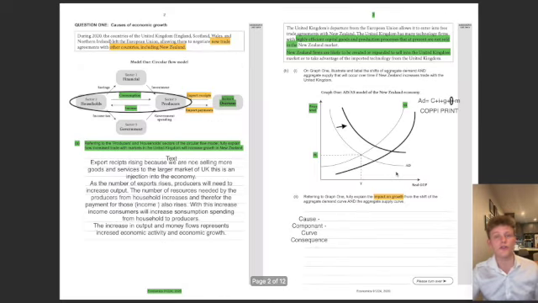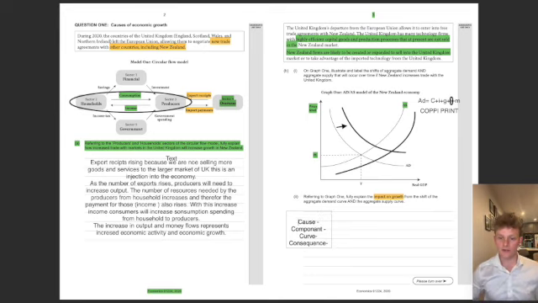Obviously it's pretty clear because it's a growth paper, but yeah, the impact on growth from the shift in aggregate demand and aggregate supply. So the consequence is going to be what happens to growth. And then from there, we can literally bang this answer out pretty quickly, following that structure again and again and again. So cause, let's start with AD.